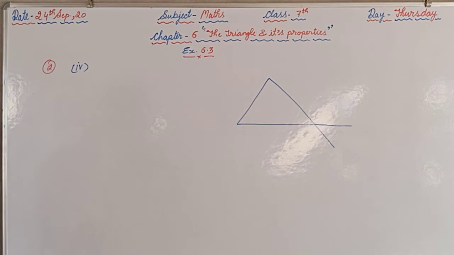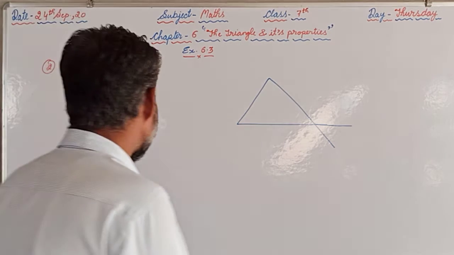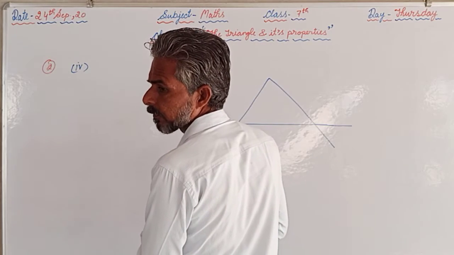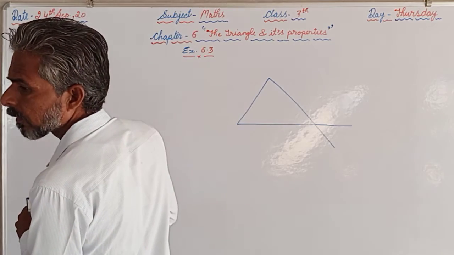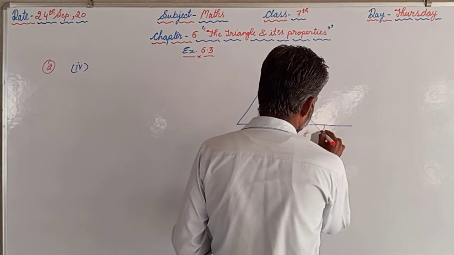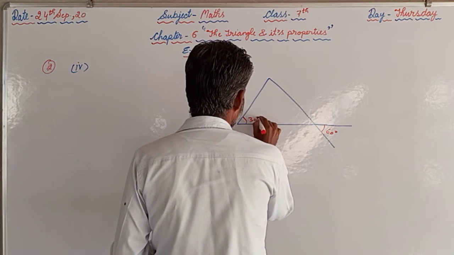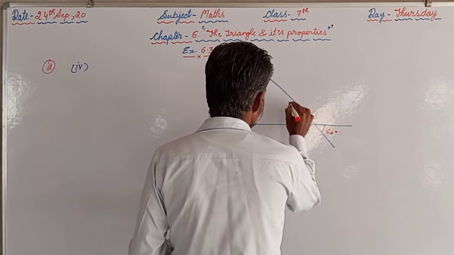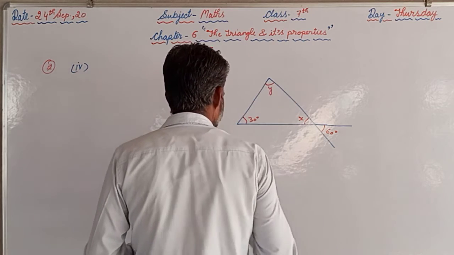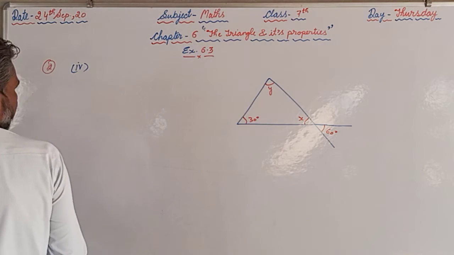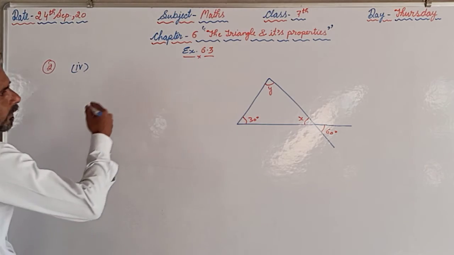Such type of diagram is given, and x, y, 60 and 30. This angle is given 60 degree, and that is given 30 degree, and that is x, and that is y. So we have to find the value of x and y.